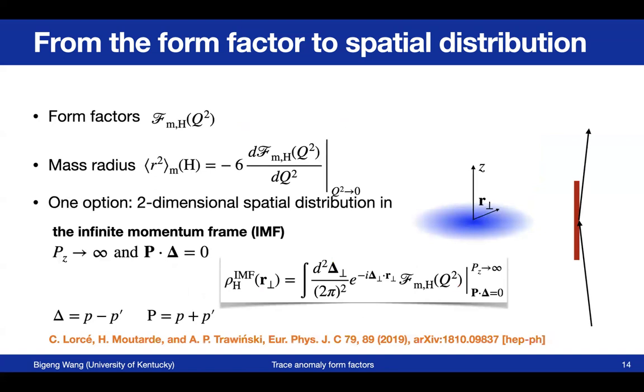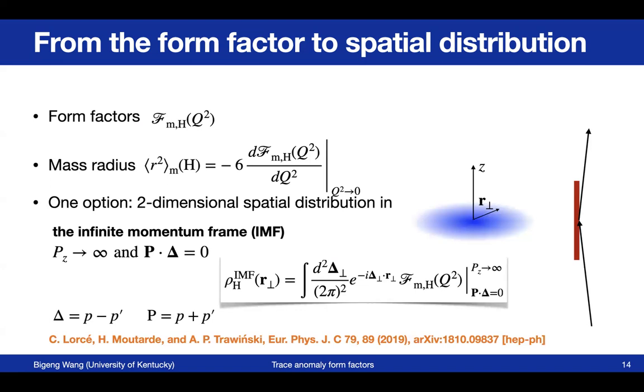So alternatively, we have another option. It's just one of the options, where we have a two-dimensional spatial distribution in the infinite momentum frame, in the limit that the momentum in the z direction goes to infinity. This is also an elastic frame. In this frame, we can perform a two-dimensional Fourier transform on the form factor to obtain the corresponding spatial distribution.